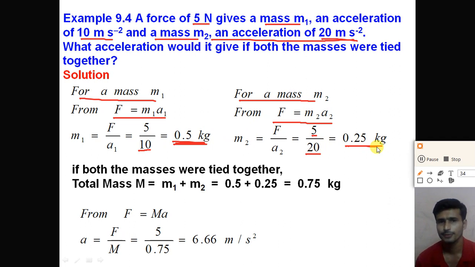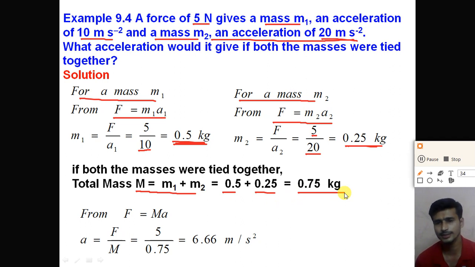Now if both the masses were tied together, the total mass M is equal to m1 plus m2. m1 is 0.5, m2 is 0.25. We get a total mass of 0.75 kg.